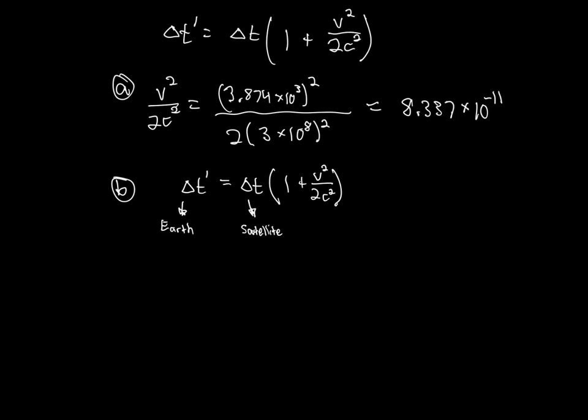So I need something to plug in for delta t, something to plug in for 1. That one's easy. And v squared over 2c squared, we just found what that is. What do I plug in for delta t on the satellite? How much time is going by on the satellite over the course of a day? How long is a day? How many seconds? We just found it.